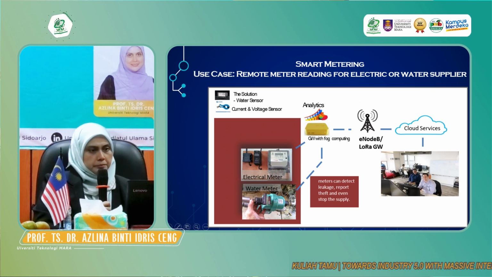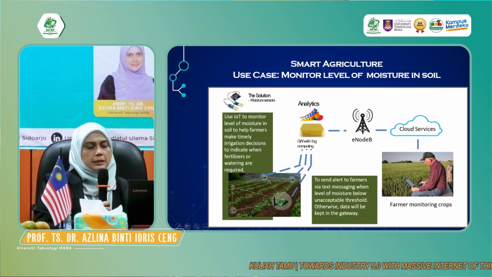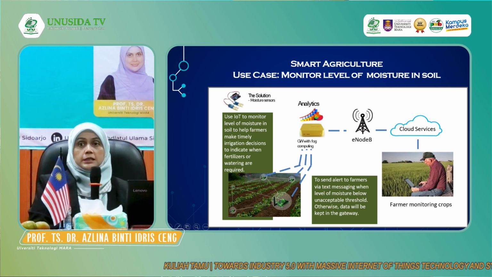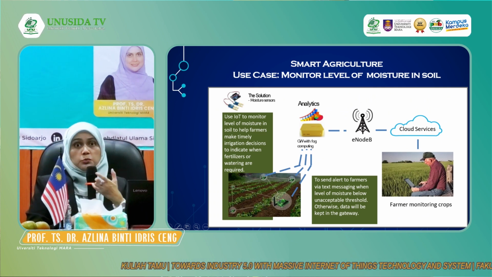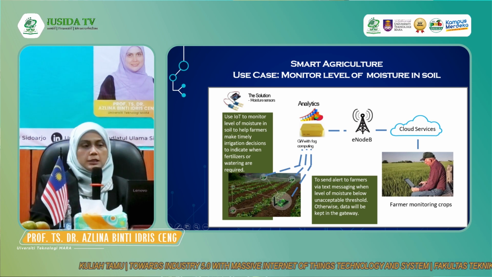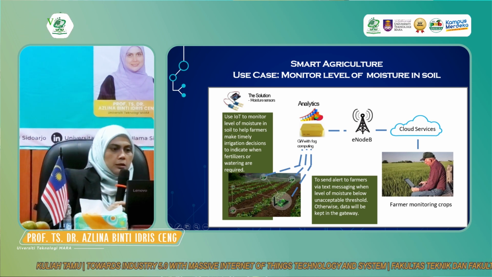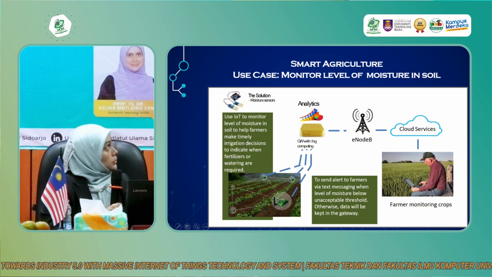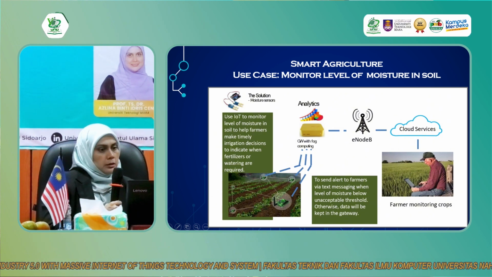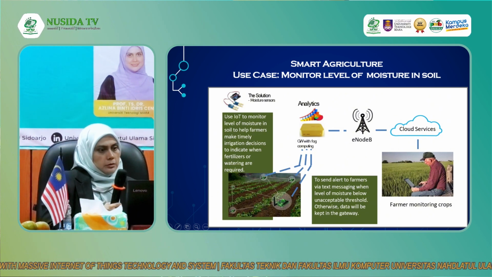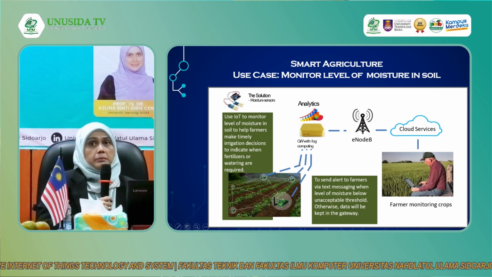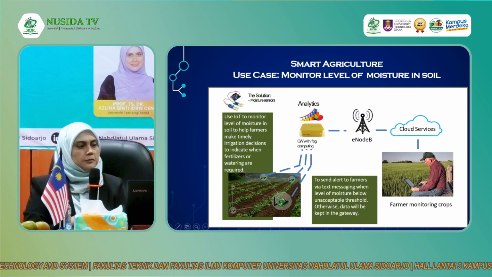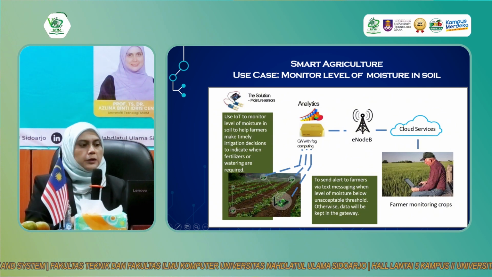Okay. The next one is smart agriculture. So we can use case here, monitor level of moisture in soil. So you use IoT to monitor level of moisture in soil to help farmers make timely irrigation decisions to indicate when fertilizer or watering are required.